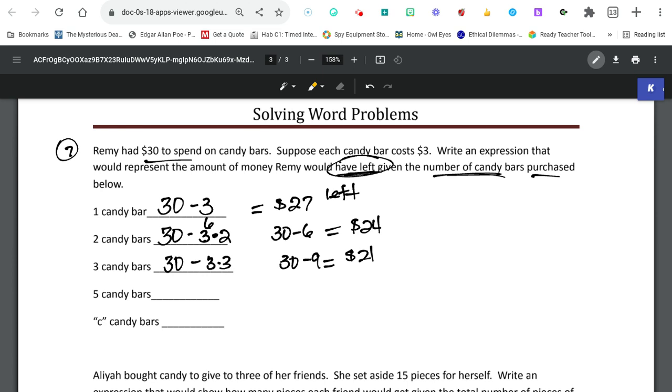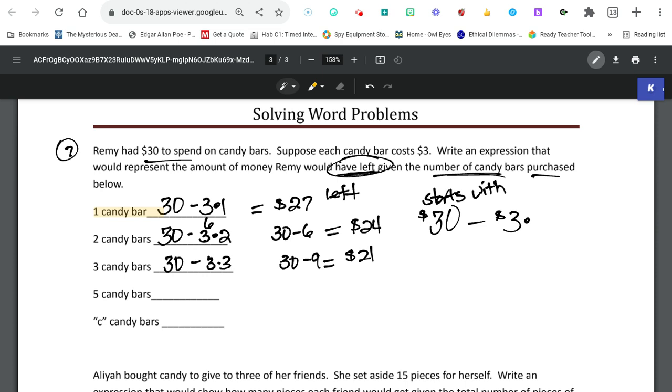So you should be able to see what's happening. She starts off originally with 30. To figure out what she has left, I put what she starts with, and we take away $3 every time she buys a candy bar.